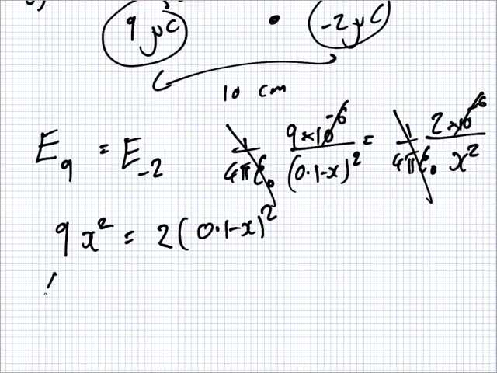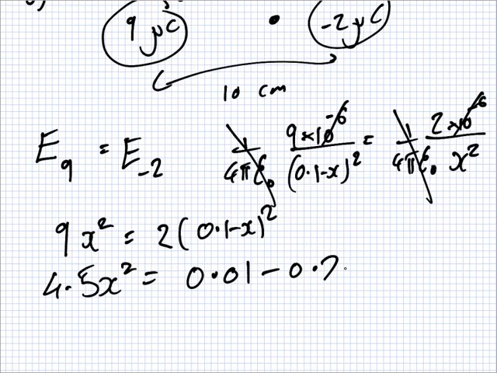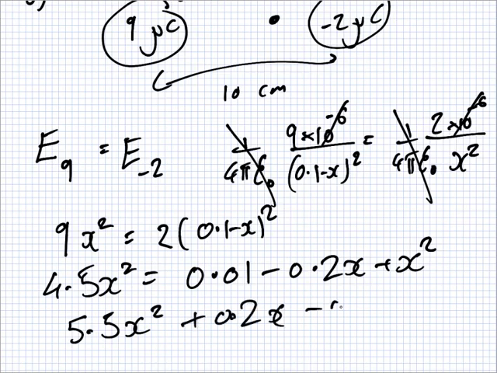So you have 4.5x squared equals 0.01 minus 0.2x plus x squared. So you get 5.5x squared plus 0.2x minus 0.01 should equal 0.